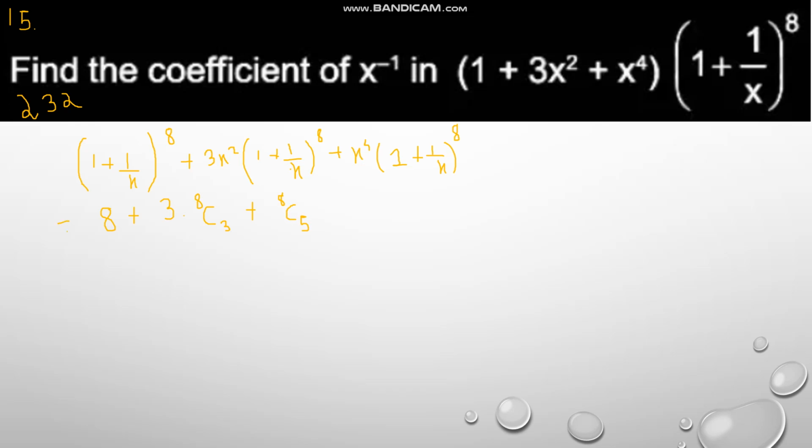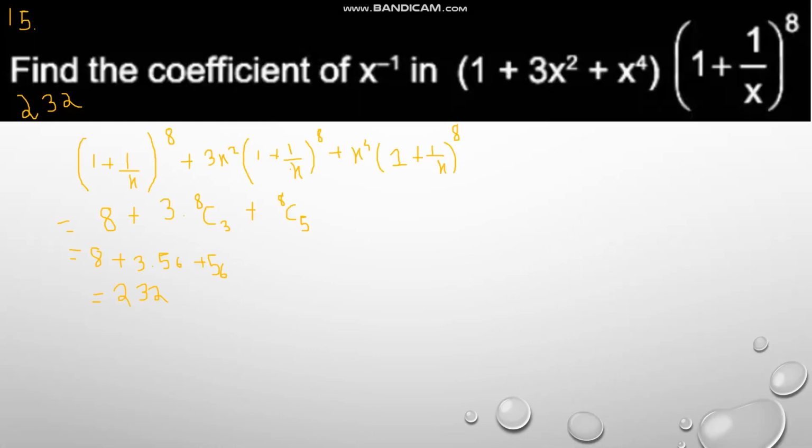Now I can write this. This is equals to 8 plus 3 into 56 plus 56. Now this must be equals to 232. One can solve the addition, this must be equals to 232 and our answer is done.